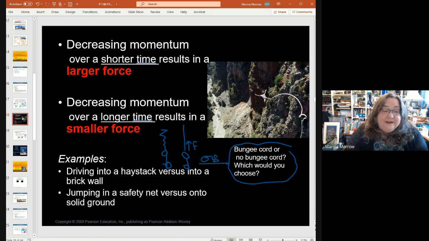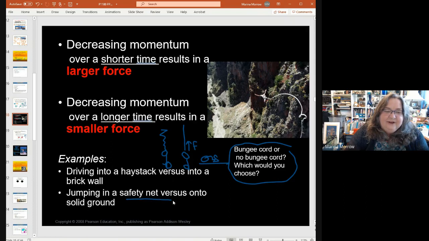So anyway, bungee cord or no bungee cord, hopefully you would pick the bungee cord, right? Longer time as the cord stretches out. You still might get to the bottom of the valley, but a gentle force on your feet as opposed to face planting into the sidewalk.